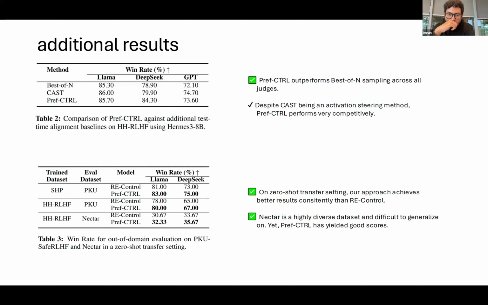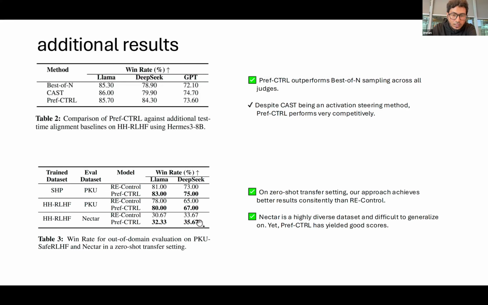And we also experimented on checking the zero shot transfer capability of the model. So in this case, our model was trained on SHP and HHRLHF, but we tested on the PKU safe dataset and also Nectar.